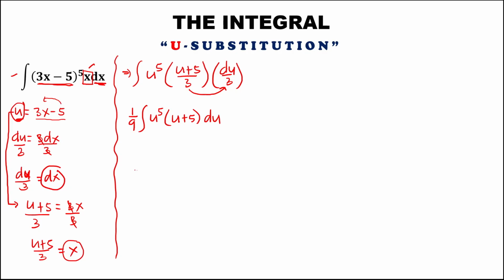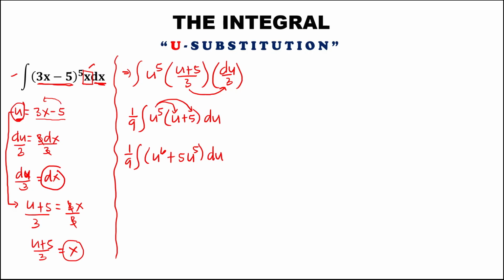Then simplify. So this becomes 1 over 9 times the integral. Multiply, so this becomes u to the power 6 plus 5u to the power 5 du.